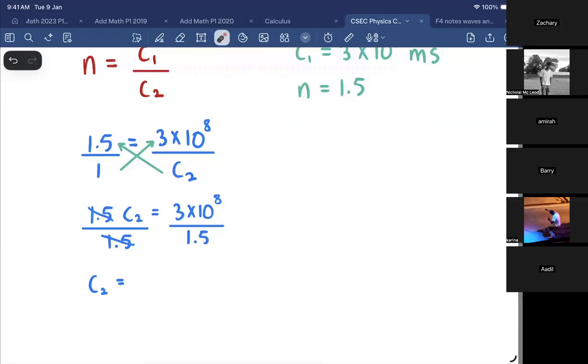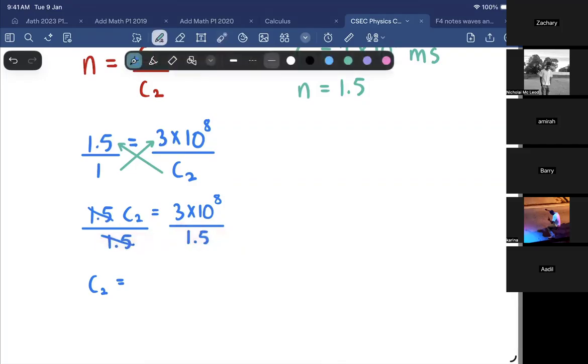Because imagine if the refractive index was 7, and you just slow down light by 7 times. I hope you're seeing the connection there. So what is 3 by 10 to the power 8 all over 1.5? I got a very big number, sir. Yeah, you get a very big number.